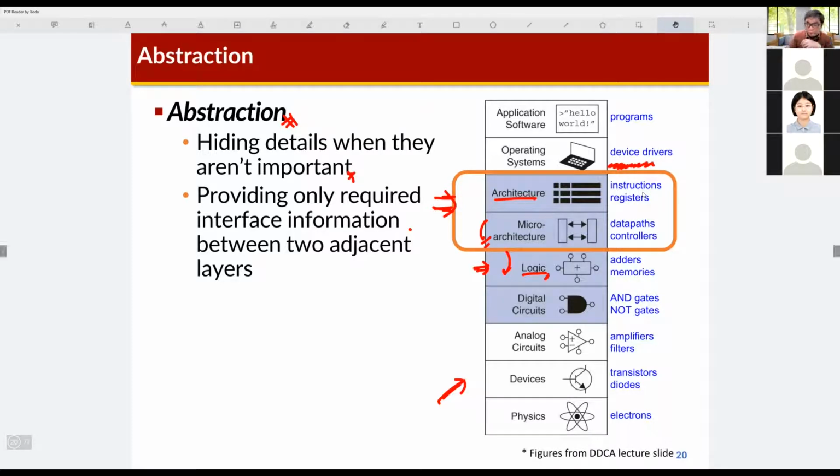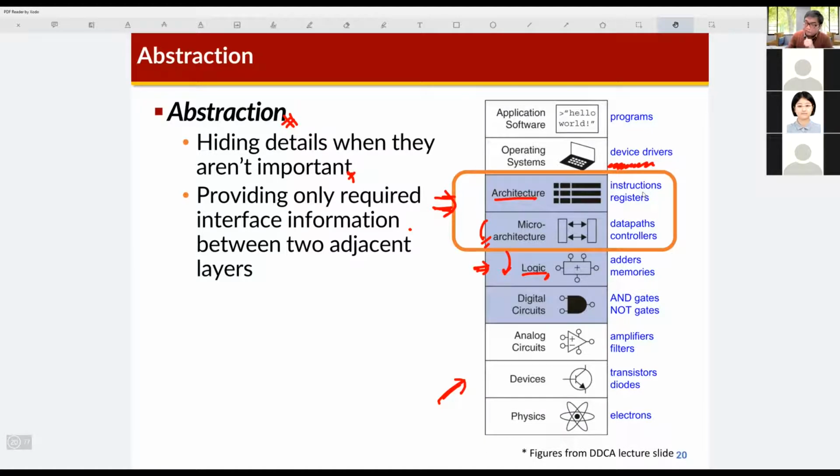So we do not mention the detailed behavior of logic design. It just handles the microarchitecture of the processor.